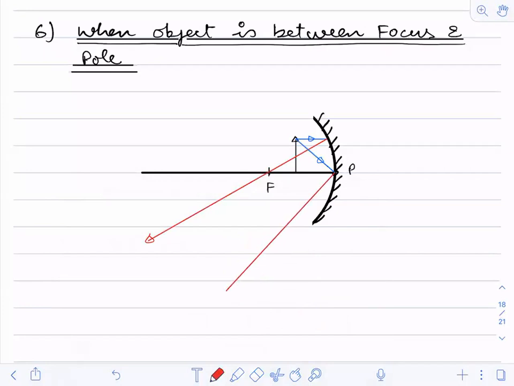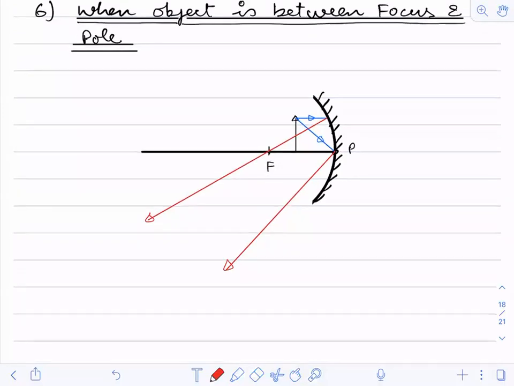Now I don't know who had asked that doubt, but about how I'm saying that this is real and this is virtual, you can see here. Now tell me, will these two rays meet on the left hand side of the mirror? Never. On the left hand side of the mirror, they will never meet.